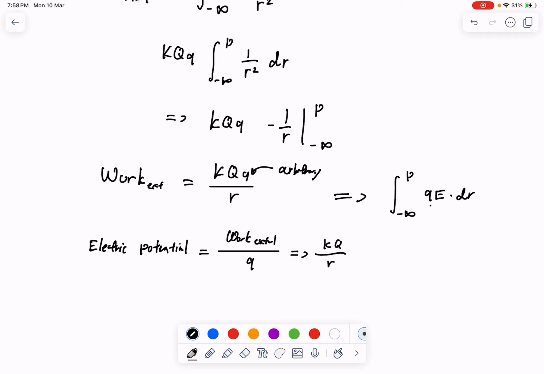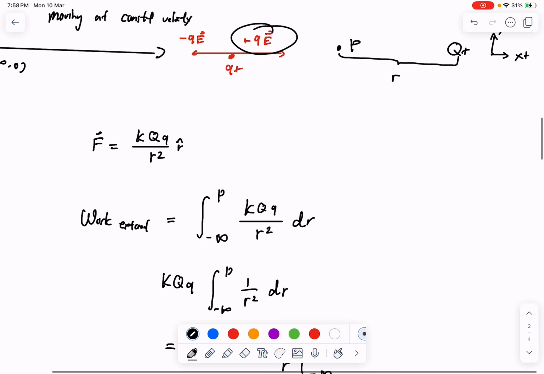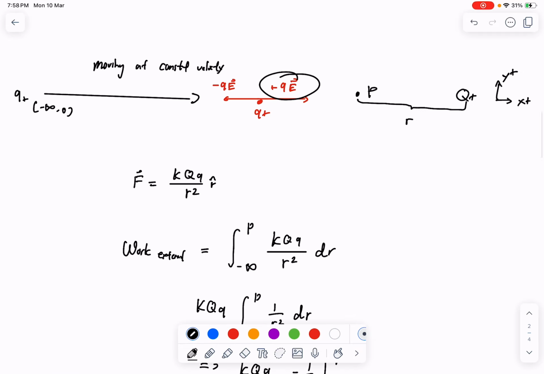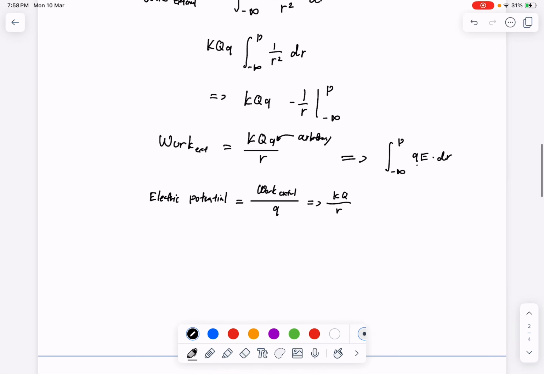Very good. However, the electric field of interest here is in a negative direction. The electric field is pointing in the negative direction. So how do we fix that?